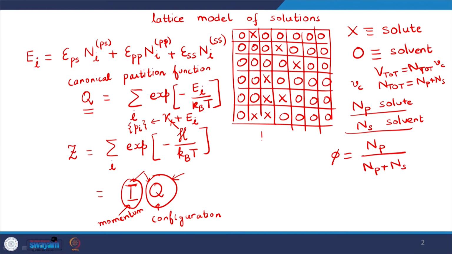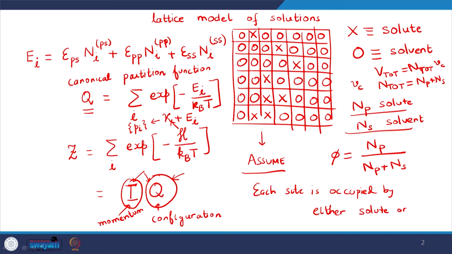That is true when we assume that each site is occupied by either a solute or a solvent molecule. So, we do not have any empty sites there. That again comes down to the idea of incompressibility. We are assuming both to have the same volume, and the overall density of the system is constant, and therefore, there are no empty sites present on the lattice.